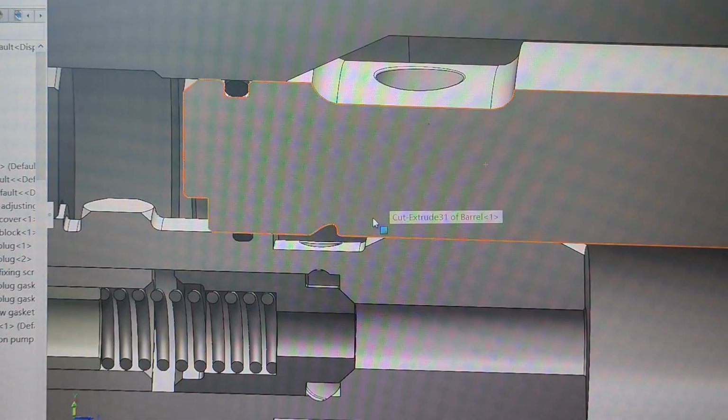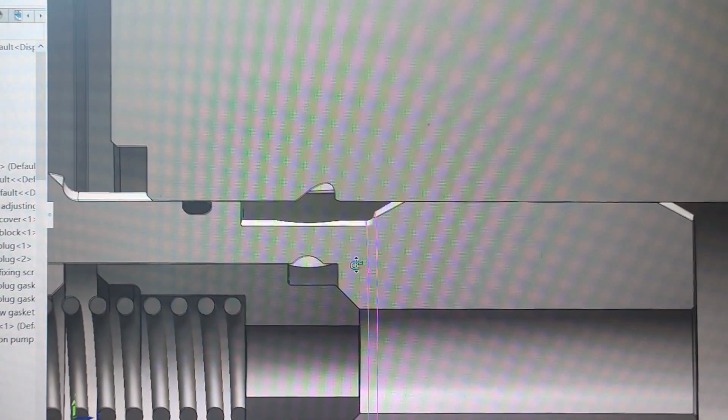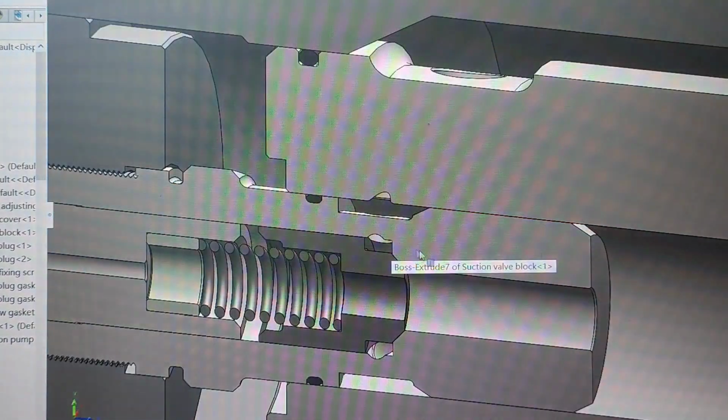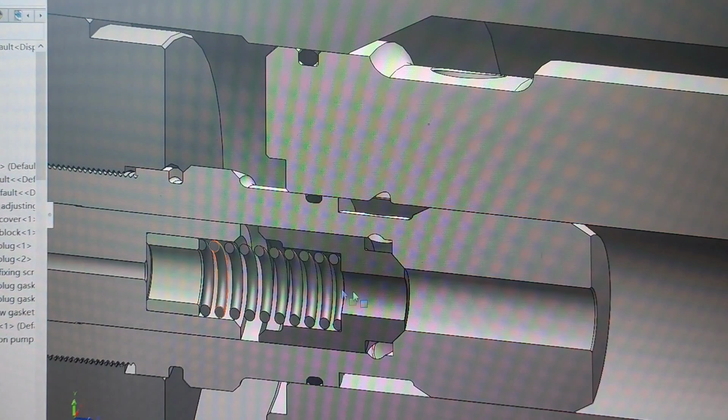The fuel pressure will act upon this surface here, and when the inner pressure of the high pressure volume is low enough, the pressure will actuate on here and push this suction valve upward, and the fuel will be able to flow inside this space, right?